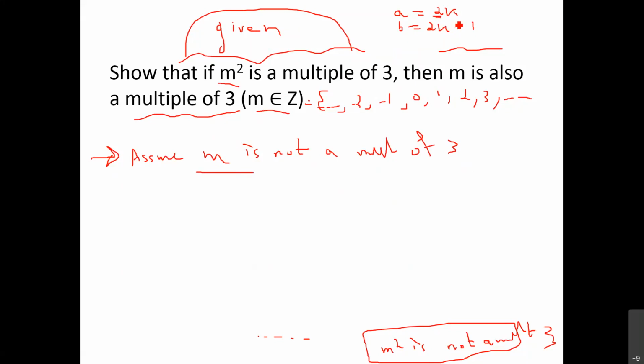So it's either a multiple of 2, or after you try to divide by 2, you get a remainder of 1. Same thing for a multiple of 3. So either you're going to be a multiple of 3, so 3 times k, or after dividing by 3, you get a remainder of 1, or after dividing by 3, you get a remainder of 2.